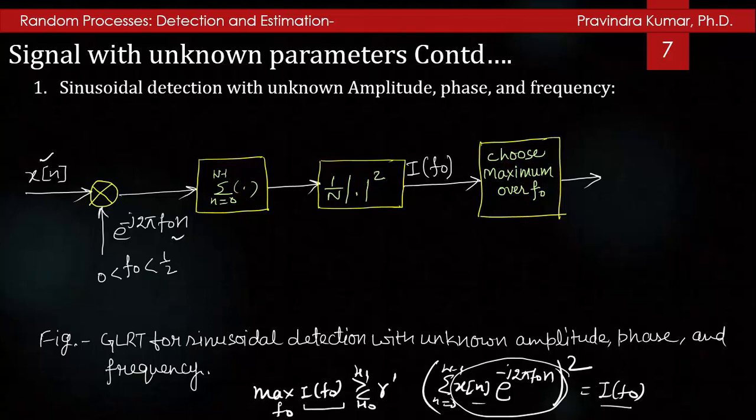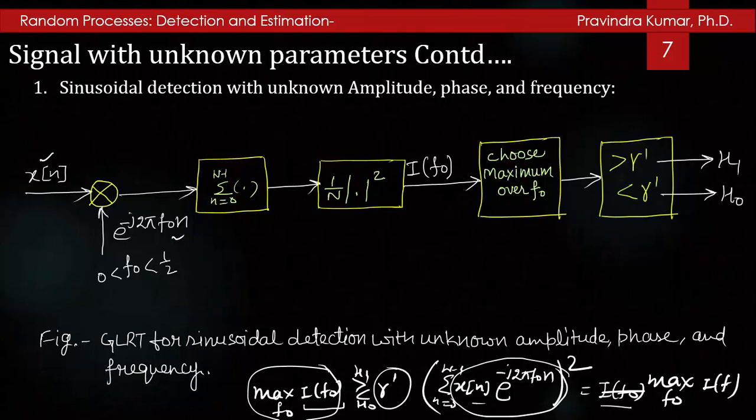You compare this maximum I(f0) with the threshold value gamma dash, and if it is greater, then we decide in favor of H1, and if less than the threshold value, then we decide in favor of hypothesis H0.